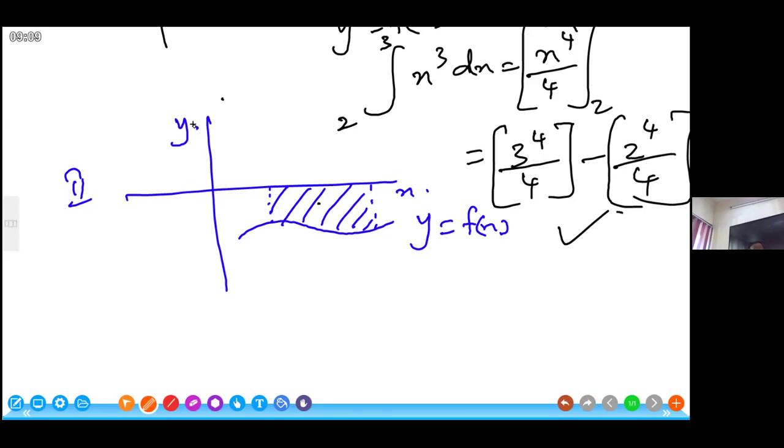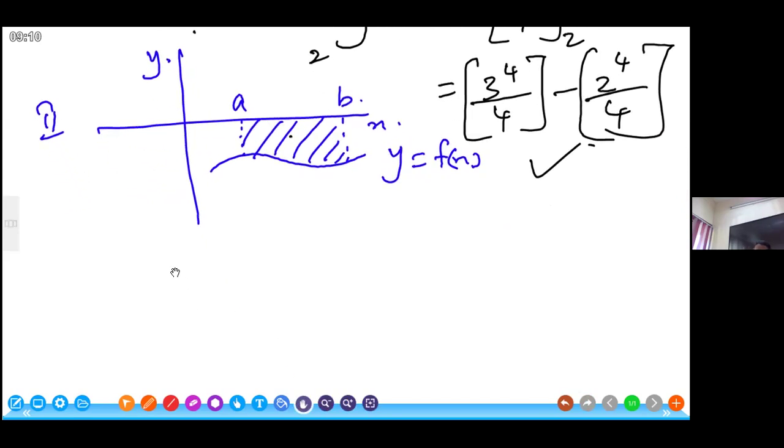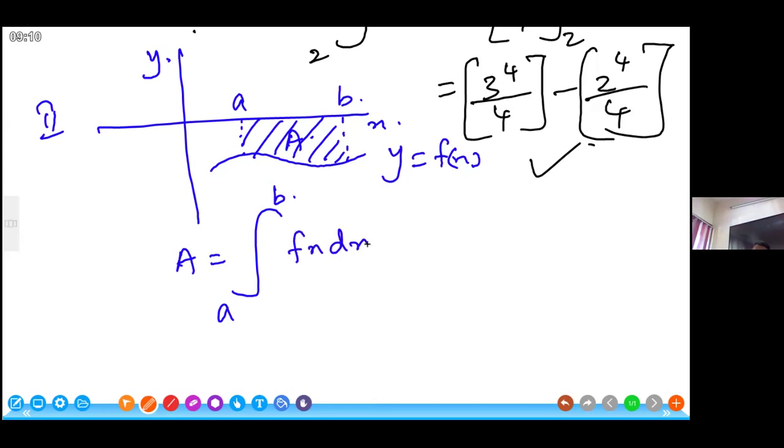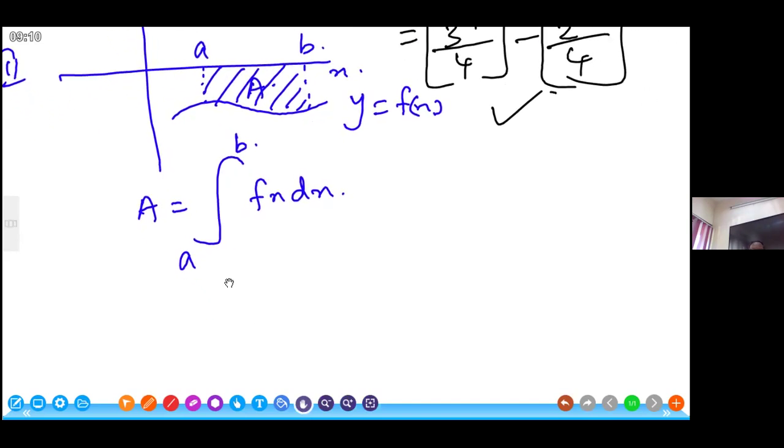So we want to find out the area below the x-axis between the x values a and b. Area is actually the integration between the upper and the lower value. If you integrate this function, it will give you a value in minus.